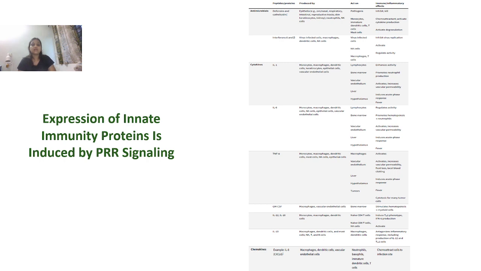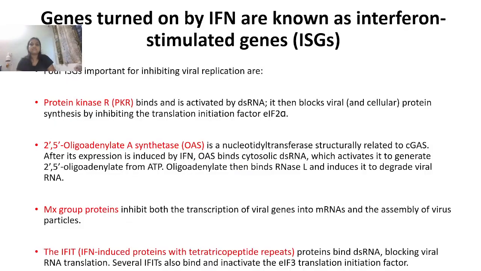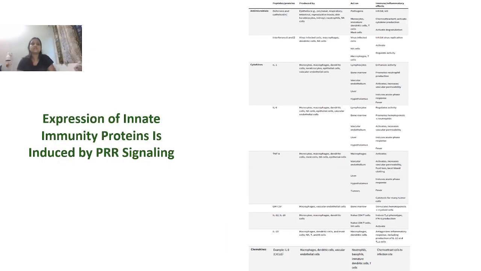So today I will talk about the different peptides, the different kinds of interactions between innate and adaptive immunity, and also about cytokines in brief. First, I will again begin by discussing the different types of innate immune proteins which are induced by PRR signaling.